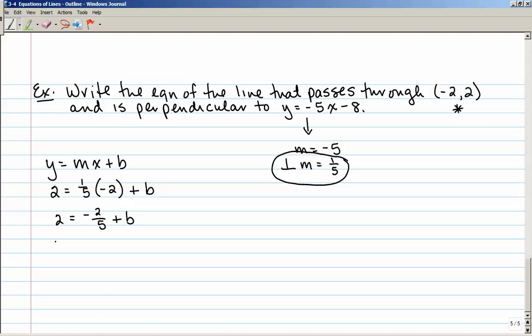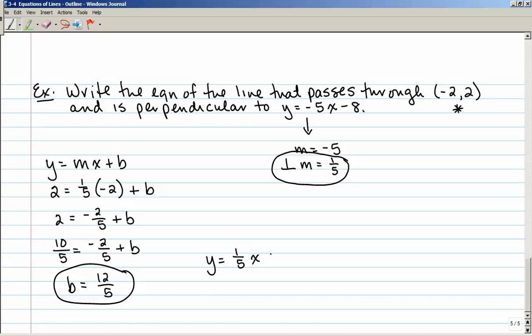Solving, b is equal to 12. Using that and my slope, my final answer is y equals 5x plus 12. And that is the equation of the line that is perpendicular to the line y equals negative 1/5 x minus 8 and passes through the point negative 2, 2.